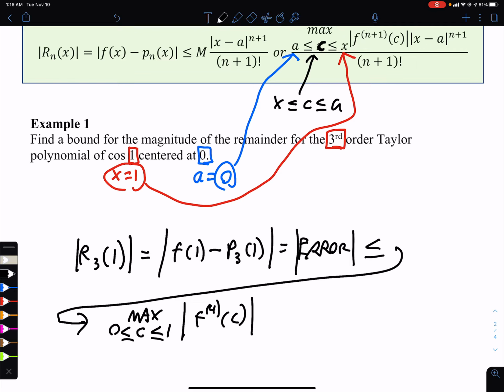And then our x minus a, absolute value of x minus 0 to the n plus 1 power, which is going to be 4, because remember, our original is third order. So it's the next term, which is the fourth power, and that's all over 4 factorial.